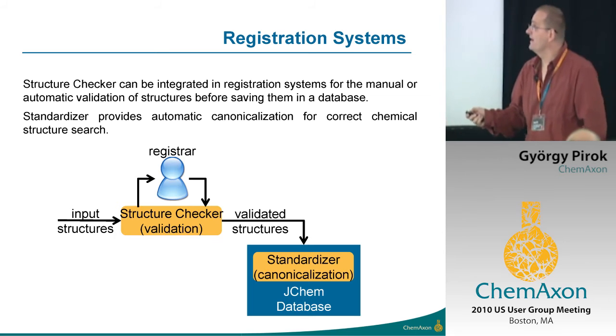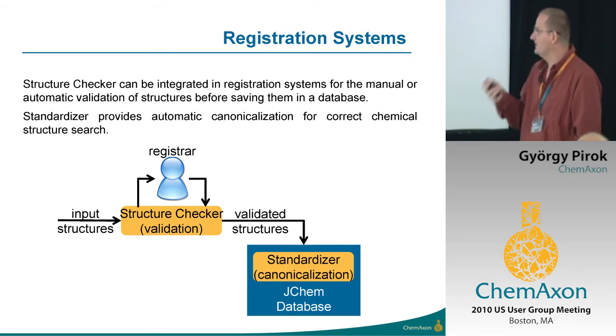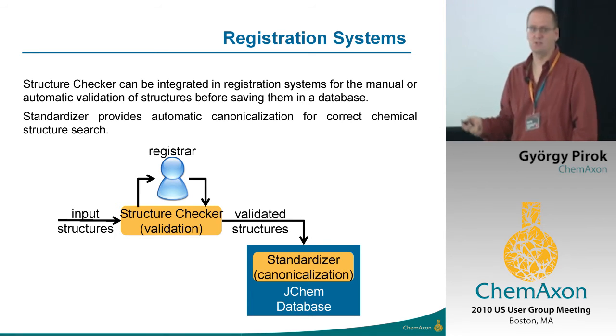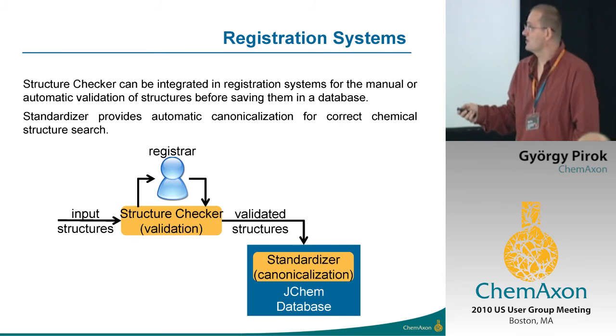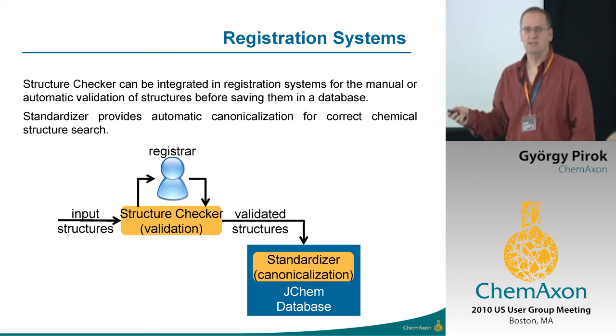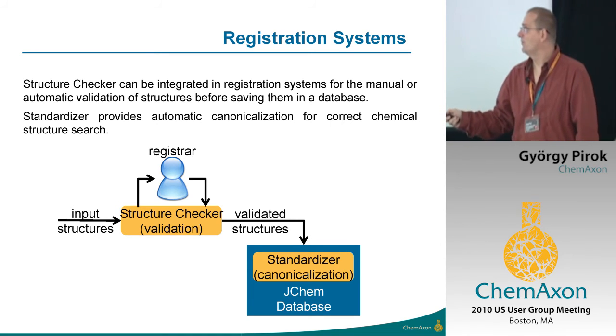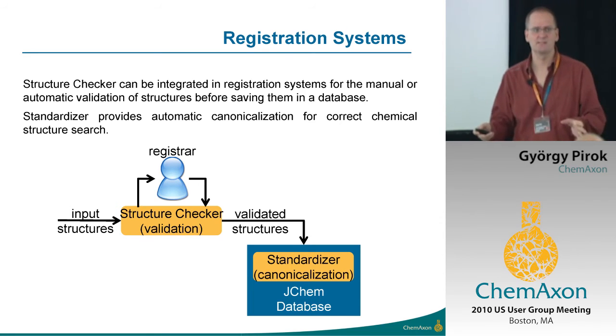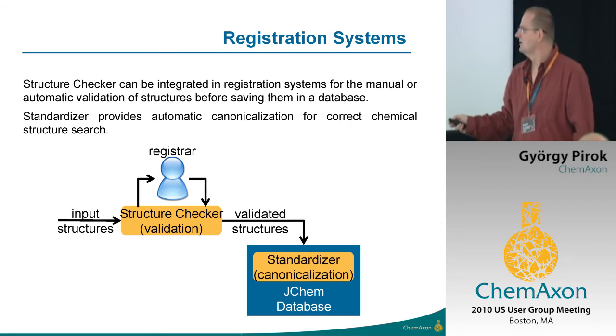And just a final slide about the difference between Standardizer and structure checker. Structure checker is a validation. It could be used in a living system before inserting the molecules in the database, because you want to find the crap ones, the invalid ones.